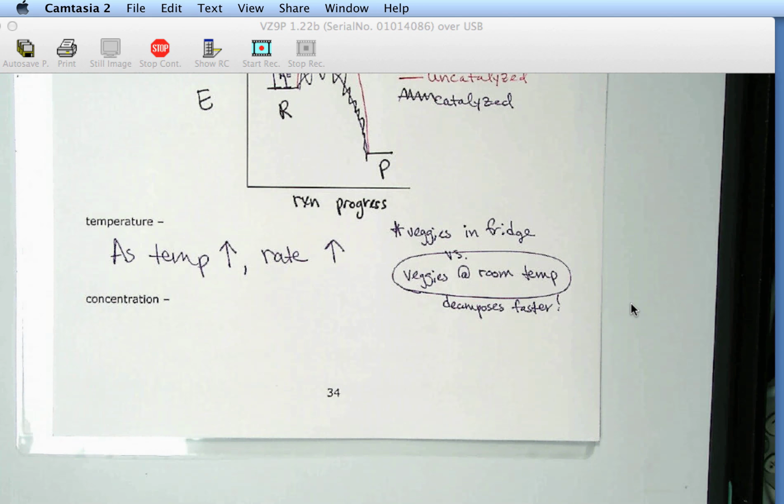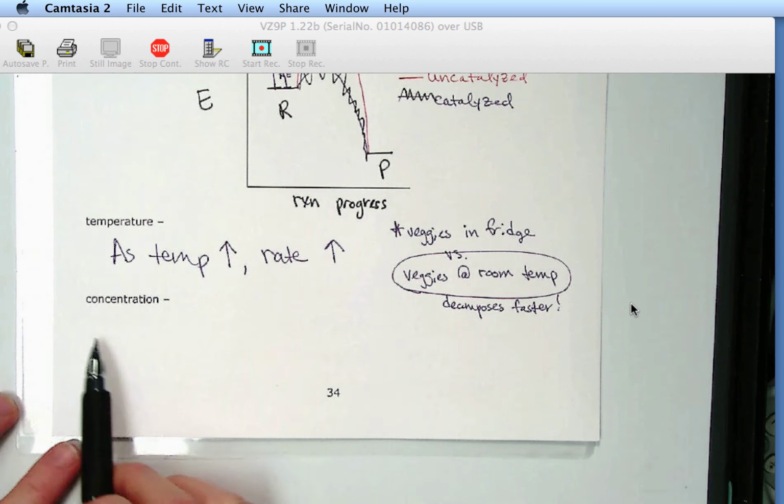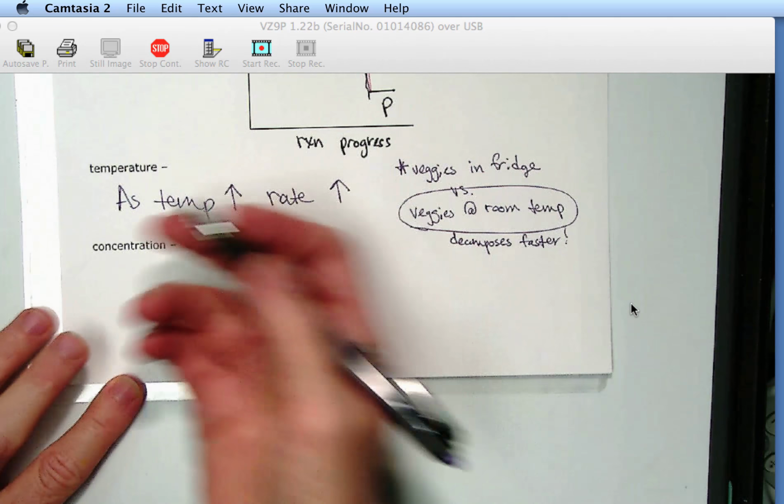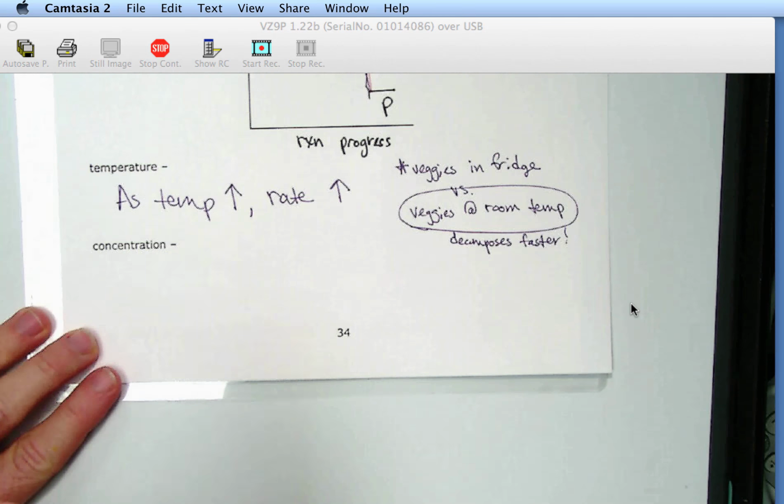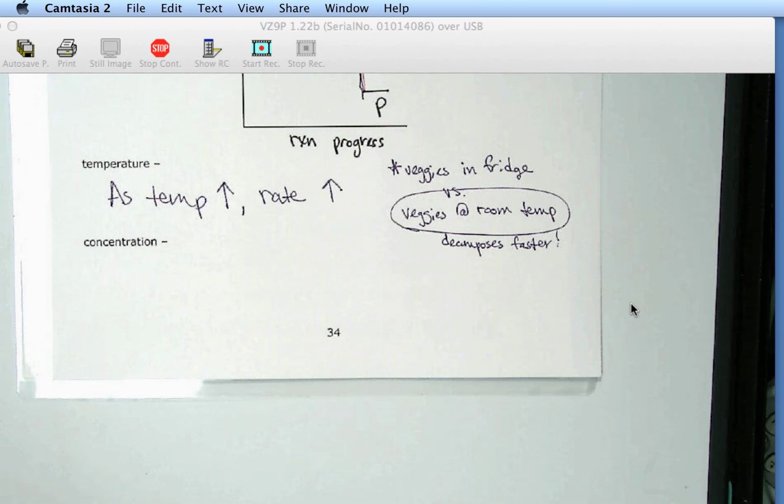Now, this last example, in terms of rate, might not be at the tip of your tongue, but at the concentration, when you increase the concentration of reactants, it increases the rate because there are more molecules or ions to bump into one another, so it's more likely the reaction's going to occur, so more reactions occur.